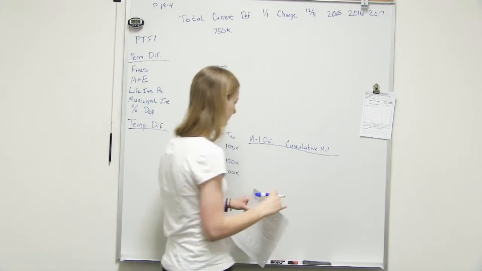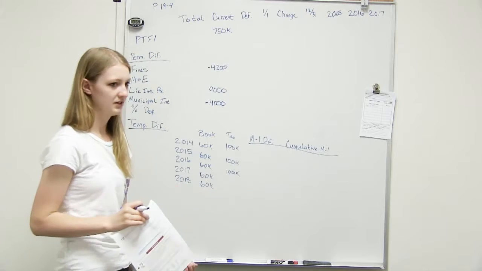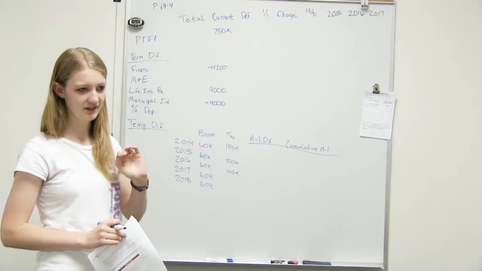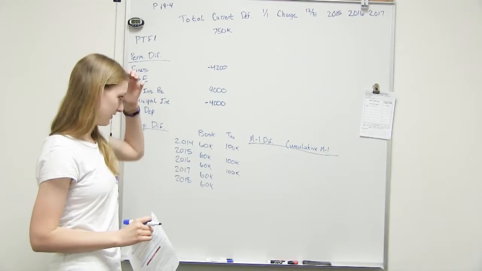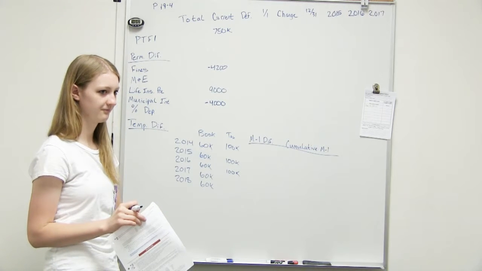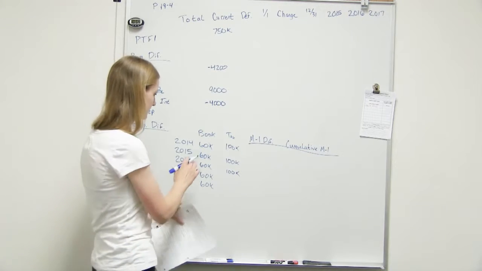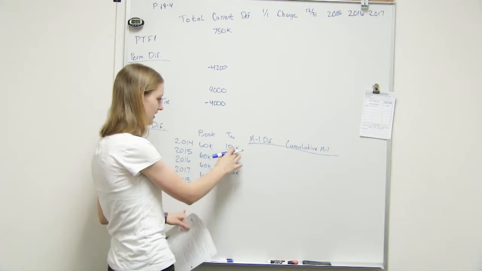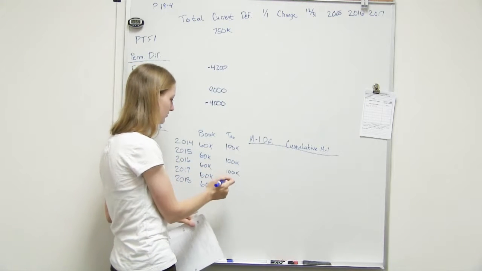The reason for the cumulative M1 is to make sure that it goes down to 0. Because this is a temporary difference, and so they should eventually equal out. So we're just going to take book minus tax to get our M1 difference all the way down.